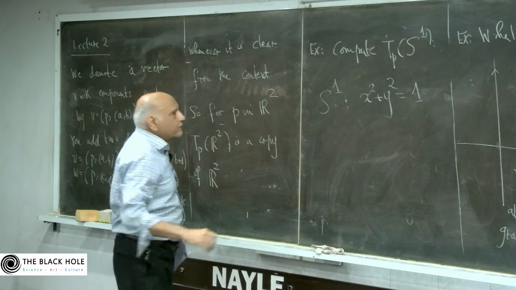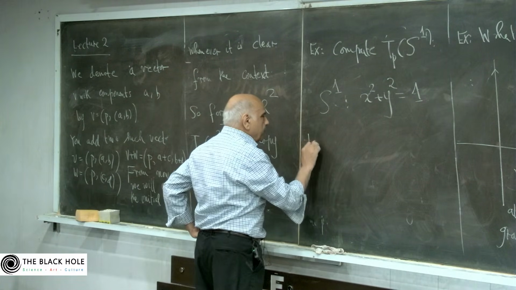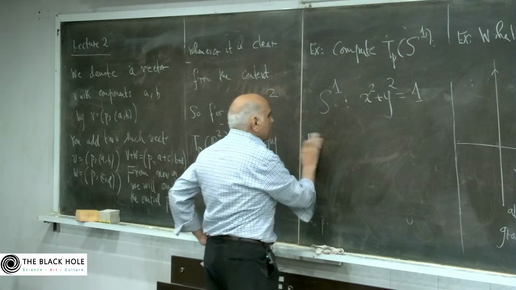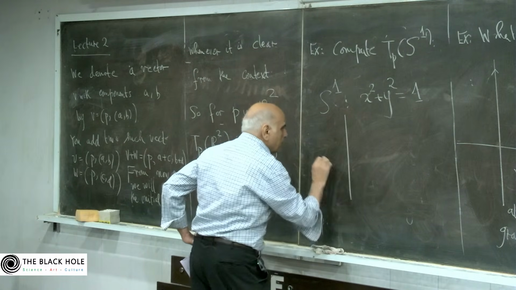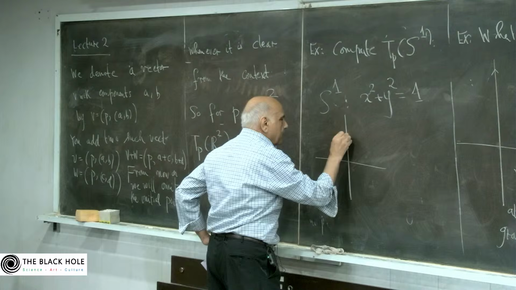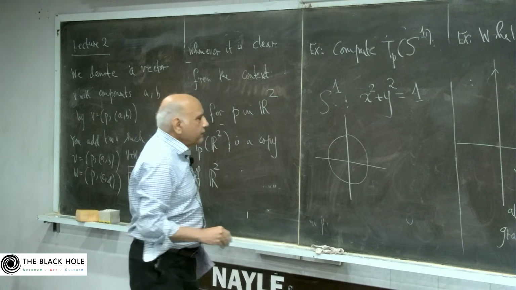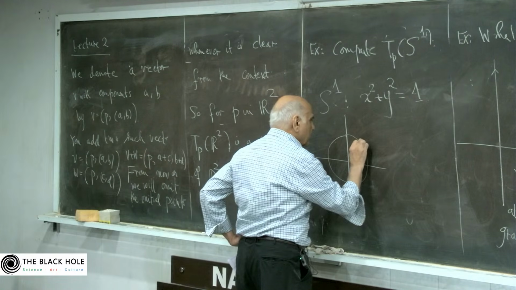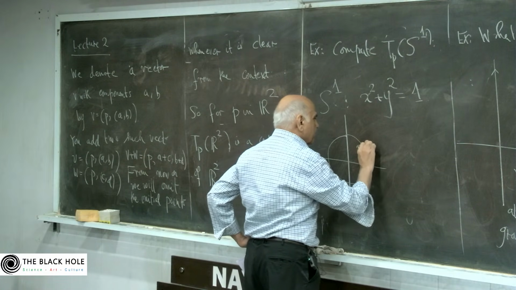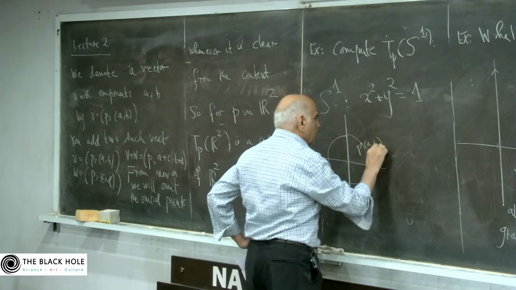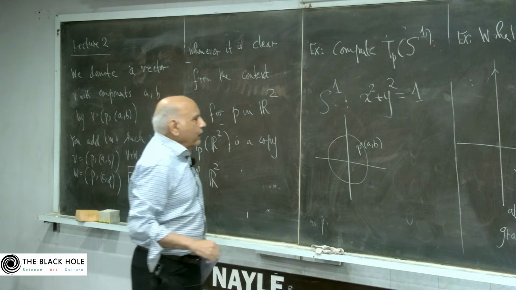So this is how it looks. You can take it anywhere, but let's take the standard circle. Take P any point with coordinates (a, b).